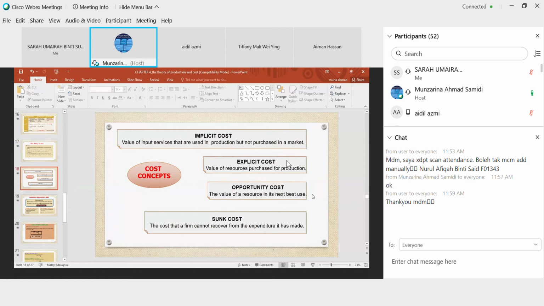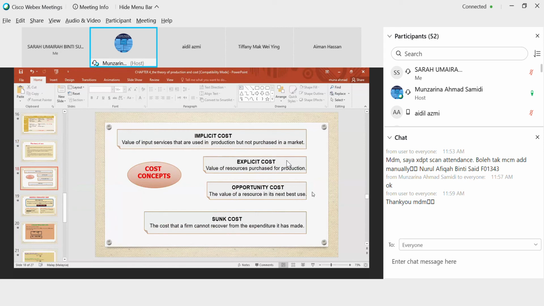That opportunity cost you have to calculate in. For example, if your profit that year from your entrepreneurship activity is 200,000, your real profit you have to minus that opportunity cost.